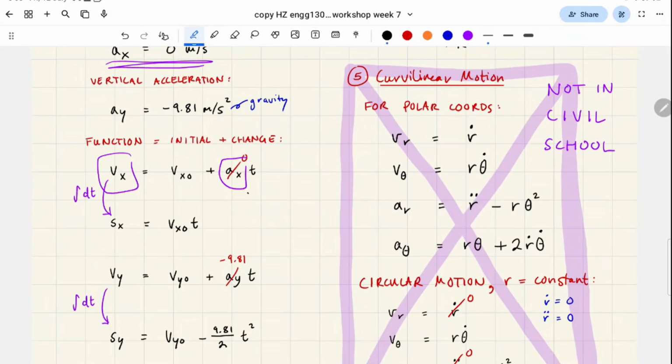Acceleration is dv/dt, multiplied by time, so I just call it acceleration multiplied by time. In the horizontal direction, that's 0. So essentially our horizontal velocity is just equal to our initial velocity. That's just set. As you fire a cannonball out of a cannon, that speed just stays as its horizontal speed the entire time, right?